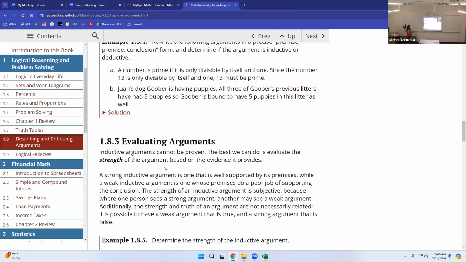Part B says Juan's dog, Goober, is having puppies. All 3 of Goober's previous litters have had 5 puppies. So Goober is bound to have 5 puppies in this litter as well. So again, what would be the premises? What would be the conclusion?